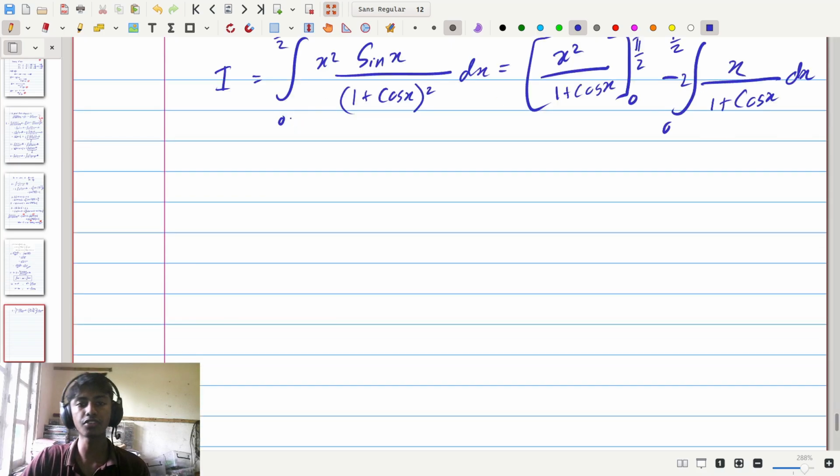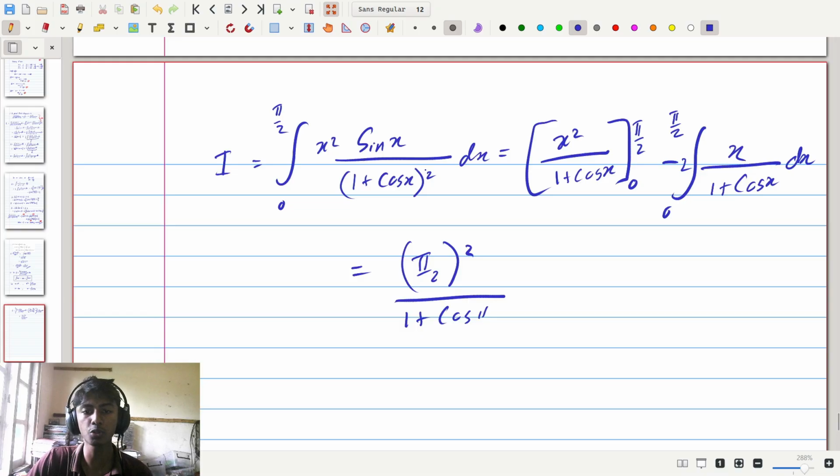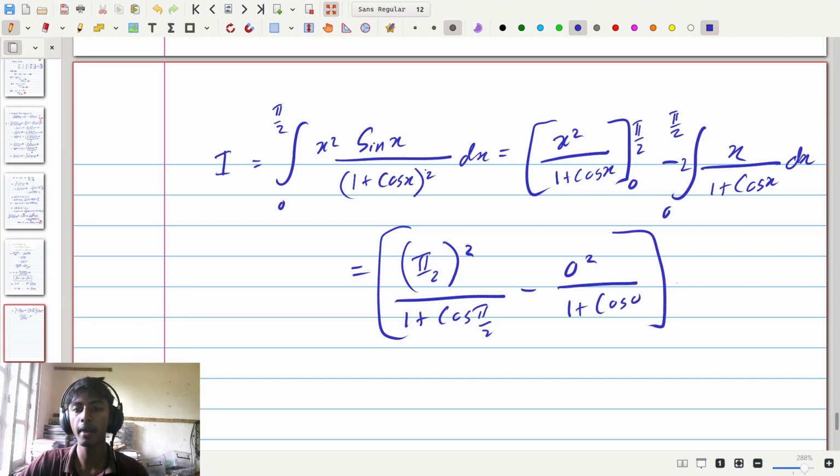Now simplifying this, if we substitute in the limits here, we get pi by 2 whole thing squared divided by 1 plus cosine of pi by 2, minus 0 squared divided by 1 plus cosine of 0, minus 2 times the integral from 0 to pi by 2 of x divided by 1 plus cosine of x with respect to x.